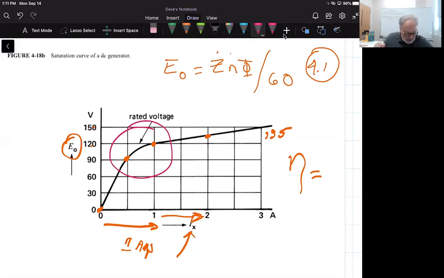Okay, and then he goes on to say, finally, if we were to reverse the direction of the rotation of the generator, the polarity of the induced voltages would also reverse. And if we reverse both the excitation current and the direction of the rotation, the polarity of the induced voltage would remain the same.